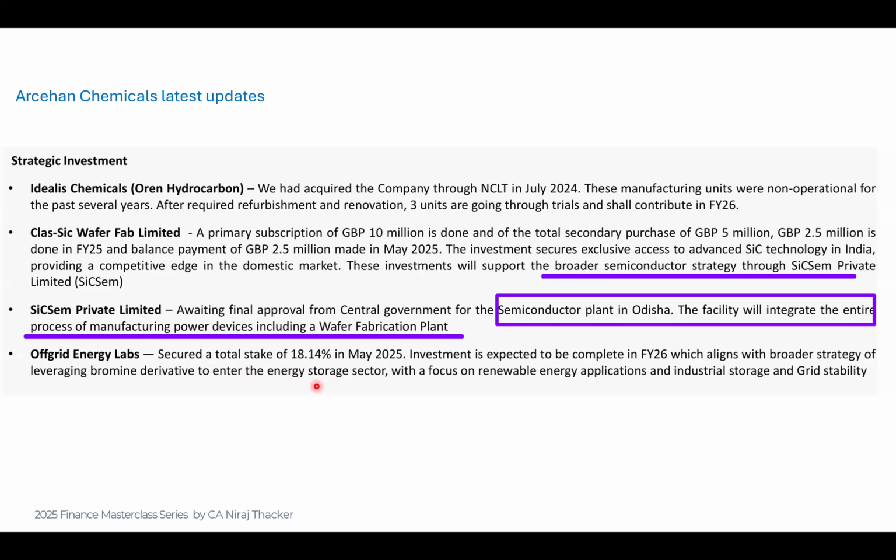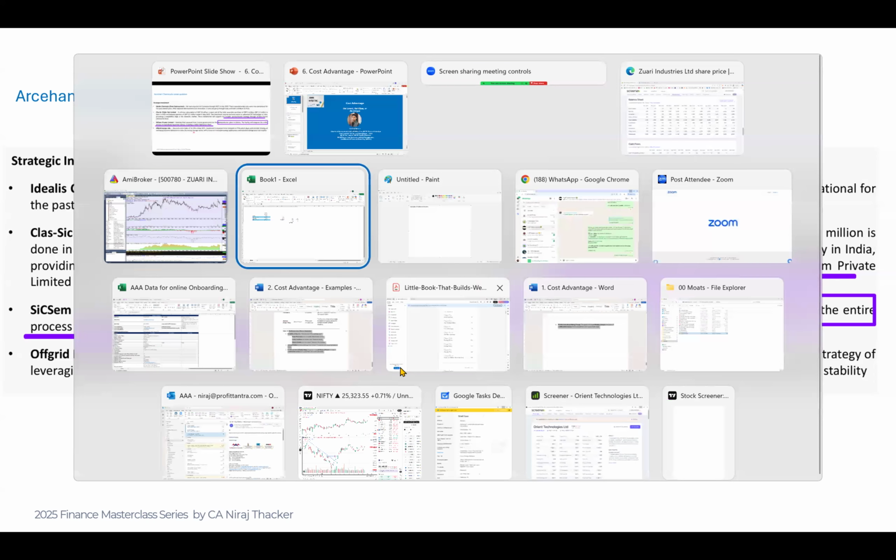Why I took this example is, whenever you find a company like this, which has found a resource or mineral that becomes a cash cow, and after some time they diversify that money to other places, then it's actually a trigger. I'll share this on the chart also.